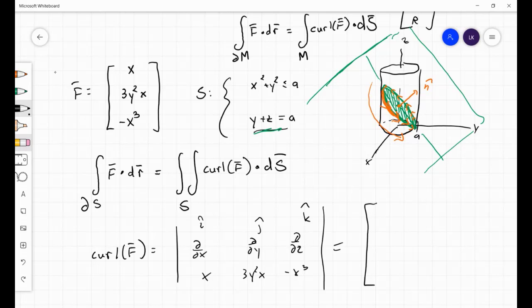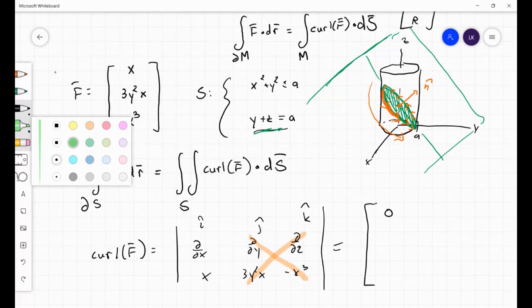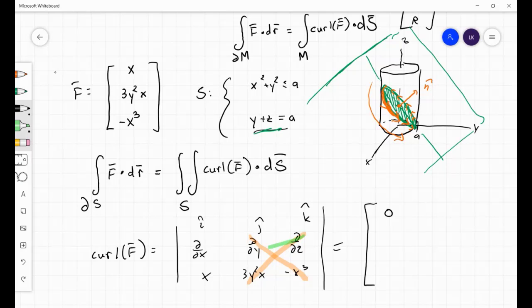Okay, so the derivative of x cubed with respect to y minus the derivative of that with respect to z is 0. All right, so the derivative of x with respect to z minus the derivative of negative x cubed with respect to x, so 0 minus 3x squared.